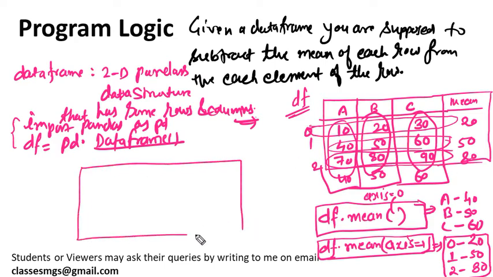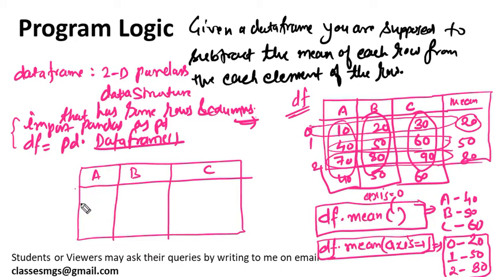So what do we essentially want to do? Let's suppose we have columns A, B, C. We need to subtract this 20 from each element of this row. 10 minus 20 will become minus 10. 20 minus 20 will become 0. 30 minus 20 will become 10.